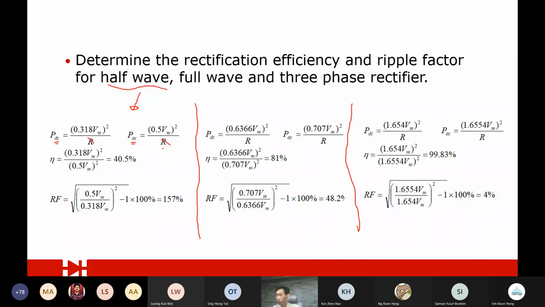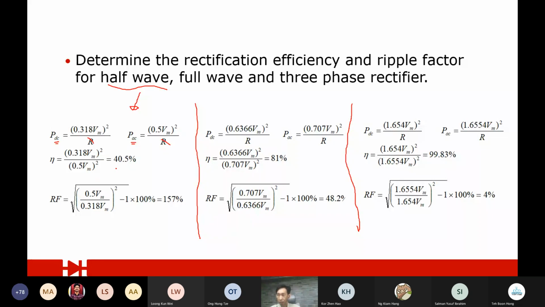So that should be the same, because remember, for rectification efficiency we are measuring at the output voltage and output current, which flow into the same resistance value, which can be cancelled off when you divide PDC over PAC. So this is what you get. And of course, both Vm must also be the same.